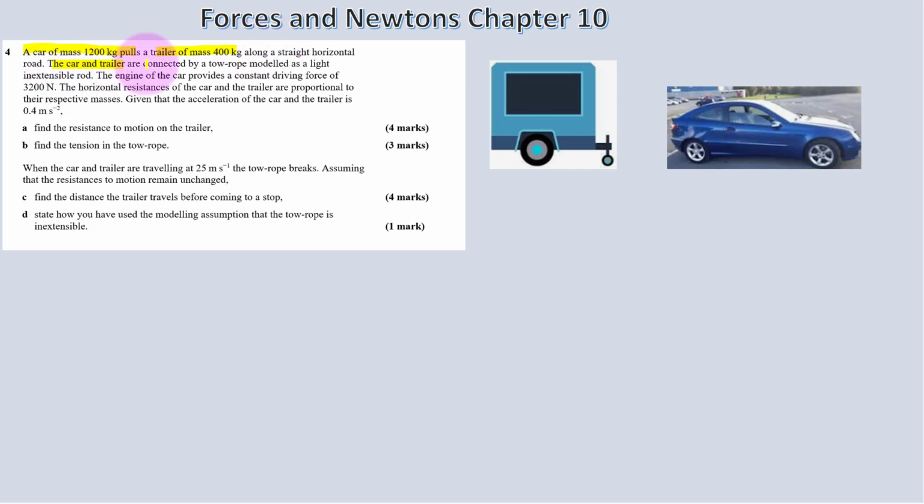The car and trailer are connected by a tow rope modelled as a light inextensible rod. Now let's break this up in each stage. Okay, here's my car. And there's the tow rope here, attached to the trailer.